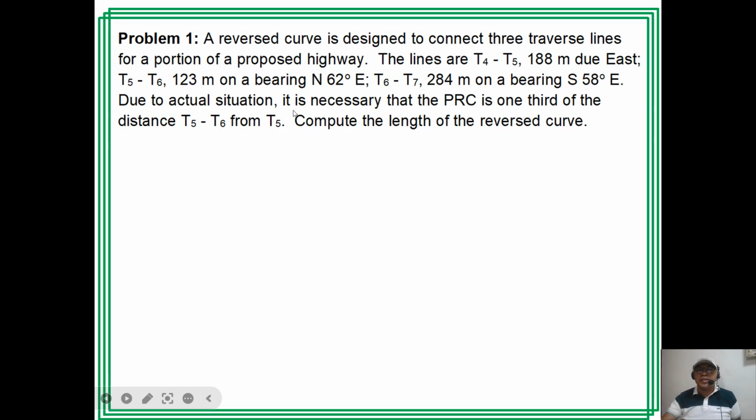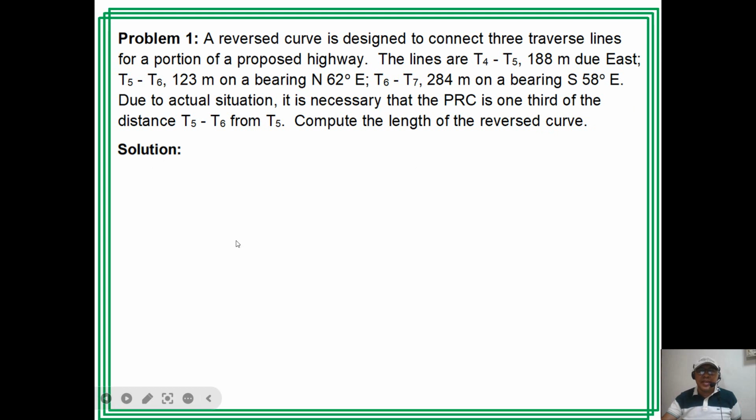Due to actual situation, it is necessary that the PRC is one-third of the distance T5 to T6 from T5. Compute the length of the reverse curve.